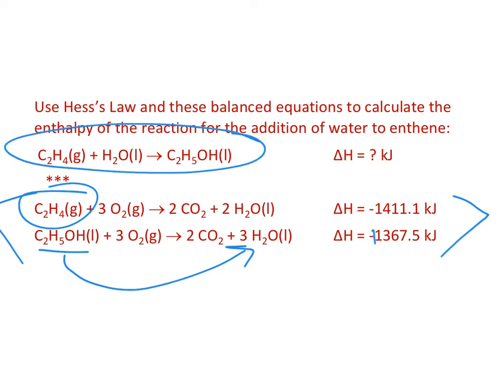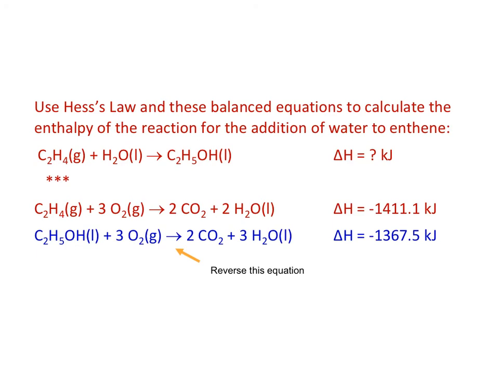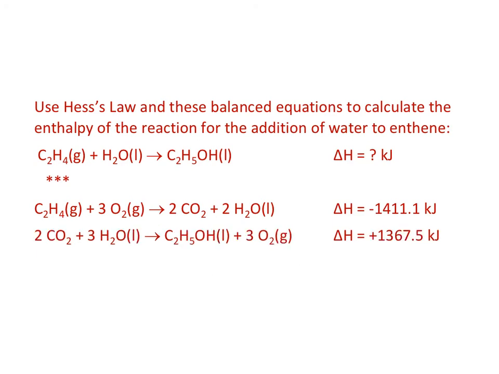Add it together, right? And so when you add the delta H's together, you're going to get the delta H. Again, reverse that one and add them up, and we'll get to this delta H eventually.